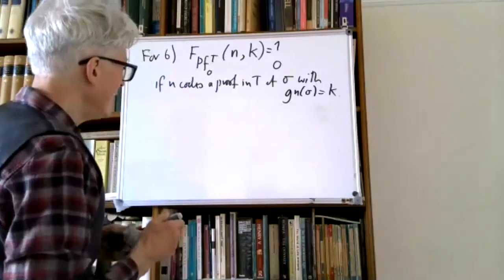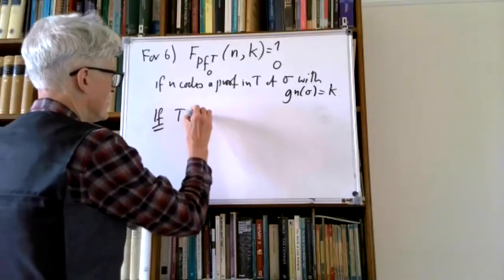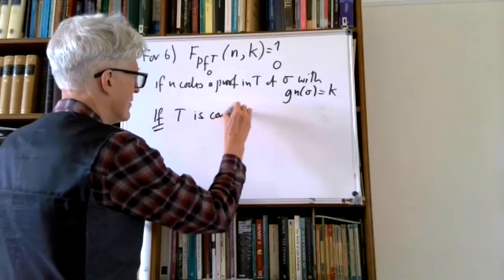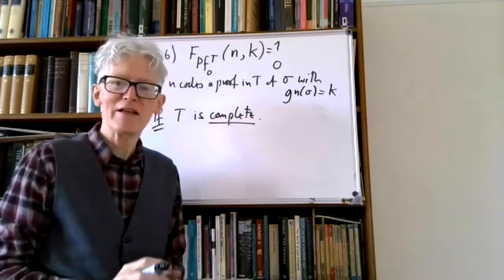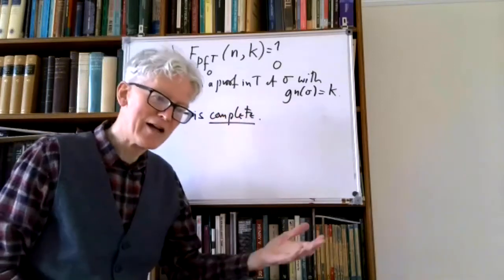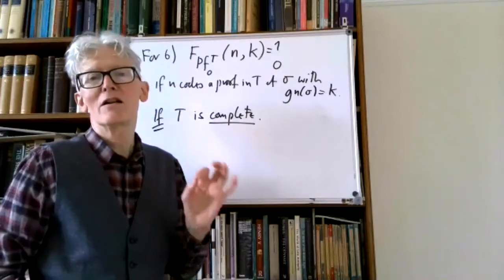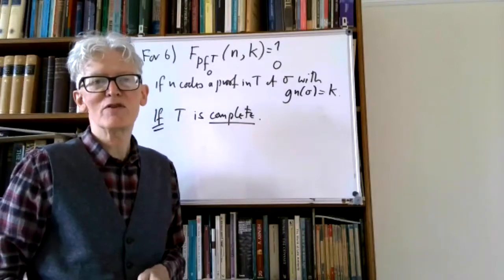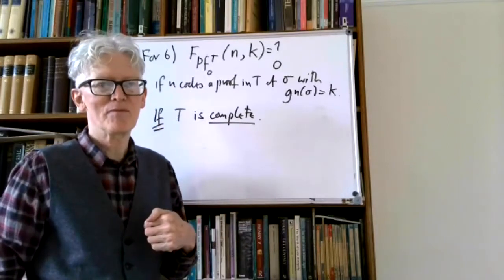On the other hand, if T is complete, meaning for the set of its consequences, either sigma or not sigma is in there, then I do know that eventually this process will produce me an answer. It'll either come across sigma or not sigma.